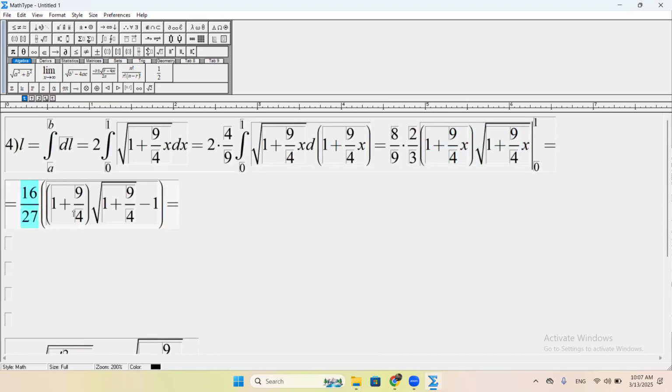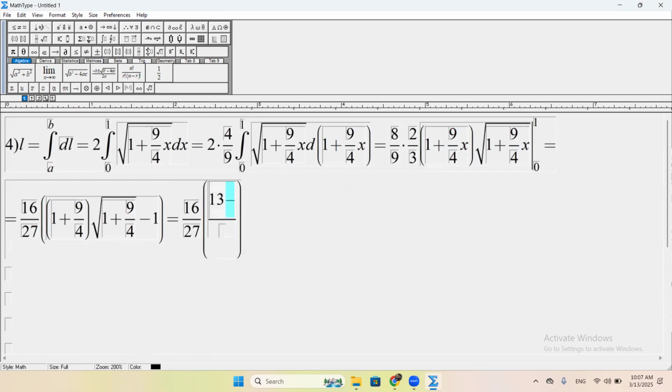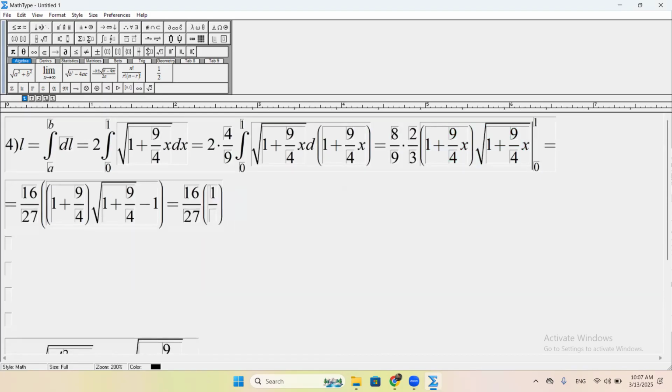So 16 over 27 multiplied by 13 over 4 and the square root of 13 over 4.